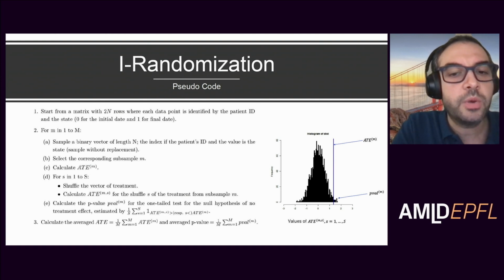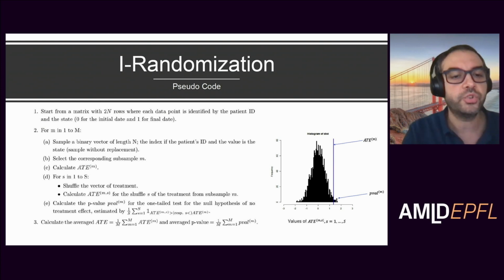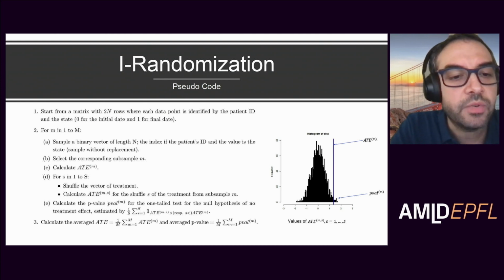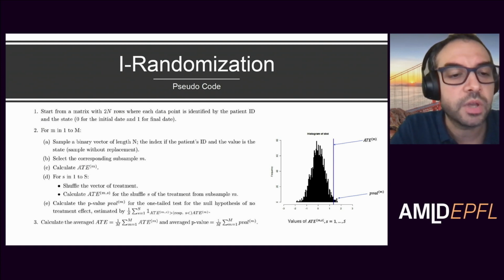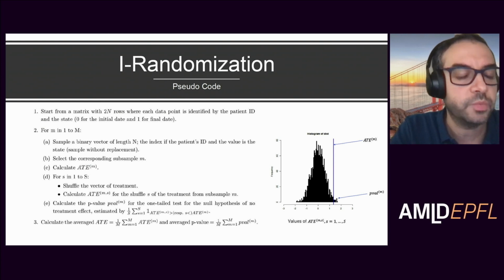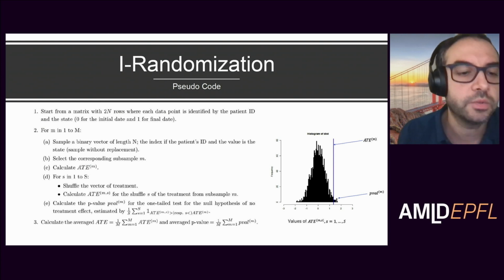We then apply a permutation test in order to calculate the average number of individuals that fall within the tails of the distribution to test for the null hypothesis of no treatment effect, or that the average treatment effect is equal to 0.